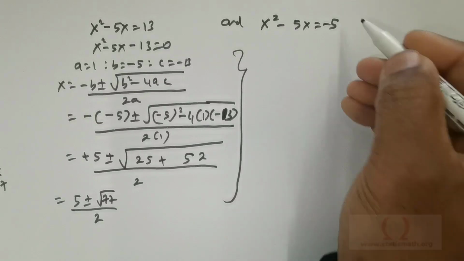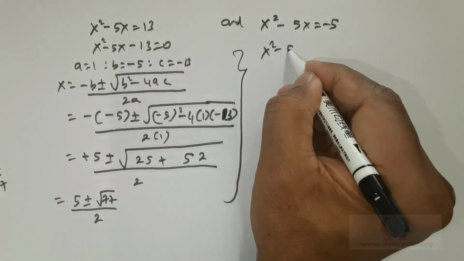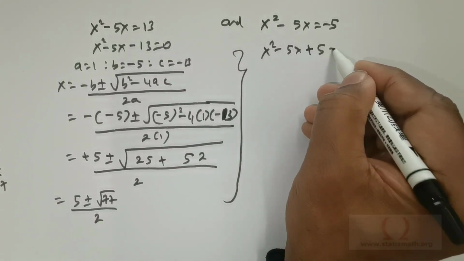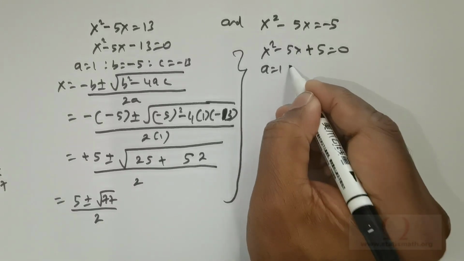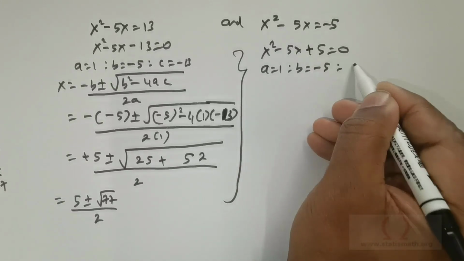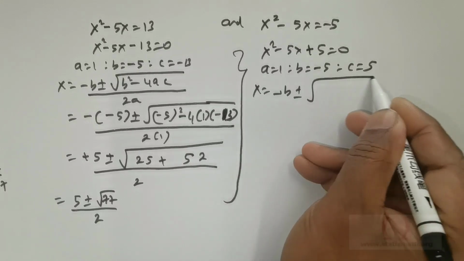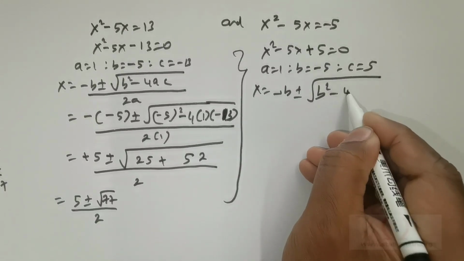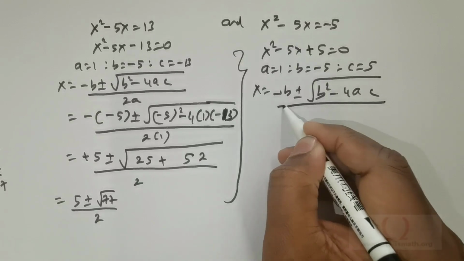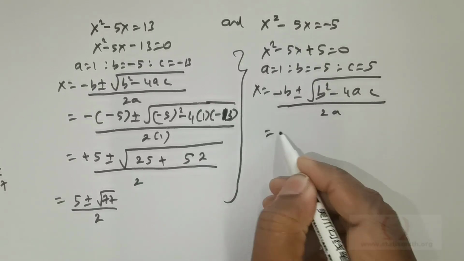For the other side, this is x squared - 5x + 5 is equal to 0. A is 1, b is -5, c is 5. x is equal to negative b plus or minus the root of b squared - 4ac divided by 2 times a.